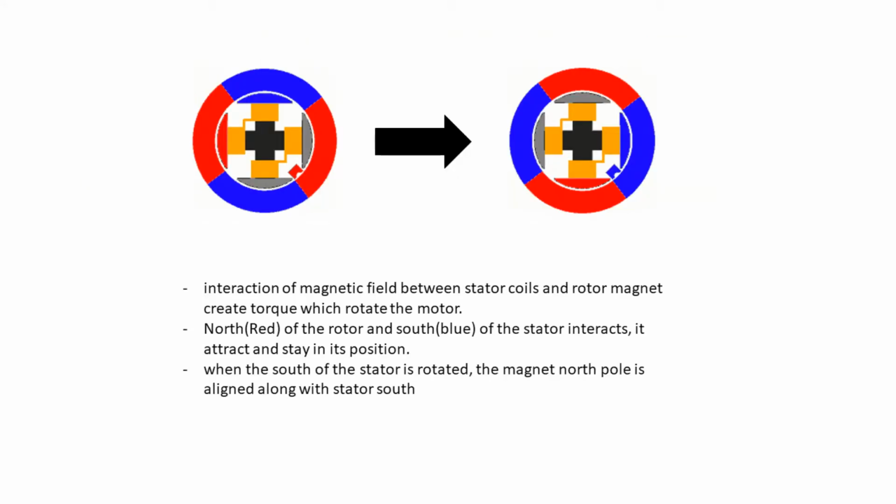A brushed DC motor has permanent magnets on the outside of its structure, with a spinning armature on the inside. The permanent magnets, which are stationary on the outside, are called the stator. The armature, which rotates and contains an electromagnet, is called the rotor.